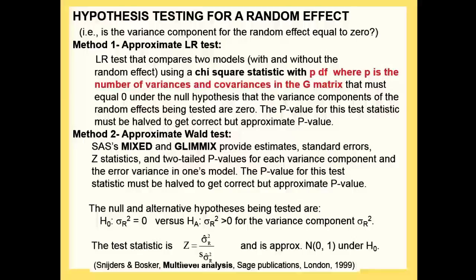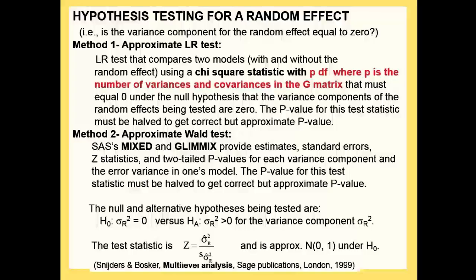You can also test for a random slope, in addition to or before a random intercept. But there are 3 ways to do that test. Method 1 is the approximate LR test, where you consider the model that you're starting off with, which has the fixed effects and the random effects, and then the reduced model under the null hypothesis that one or more of those random effects isn't significant.